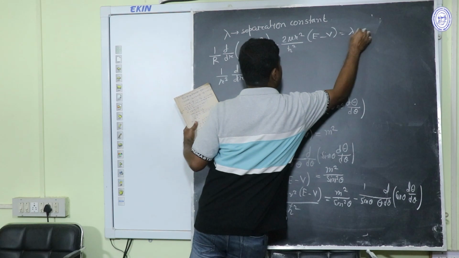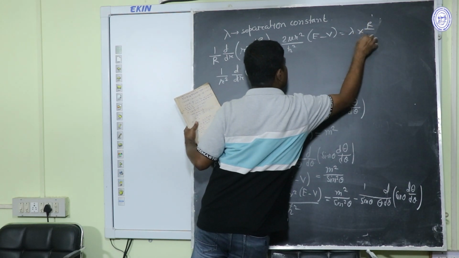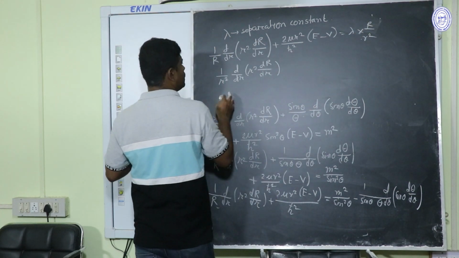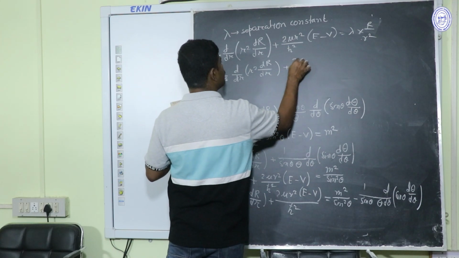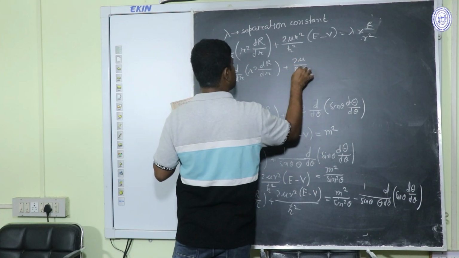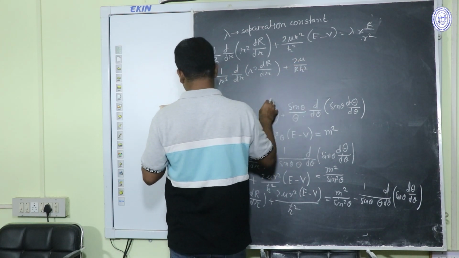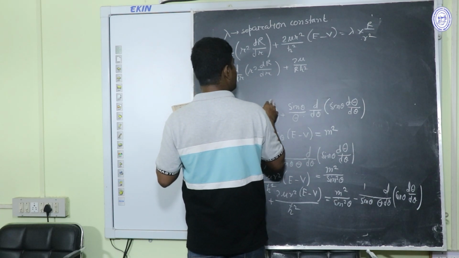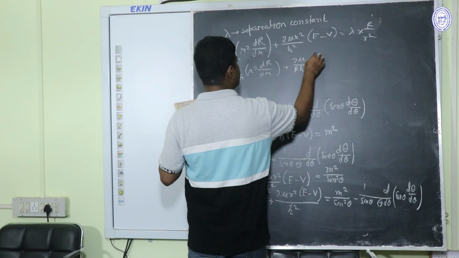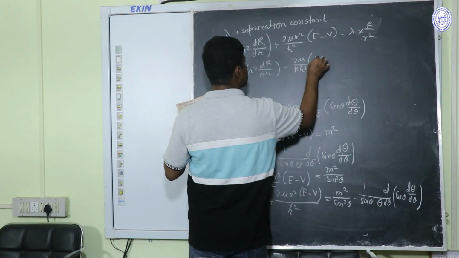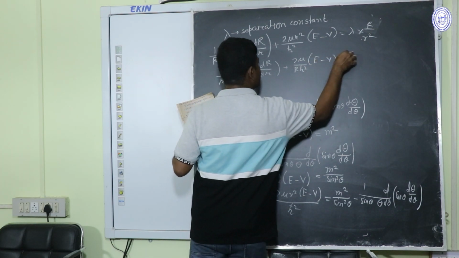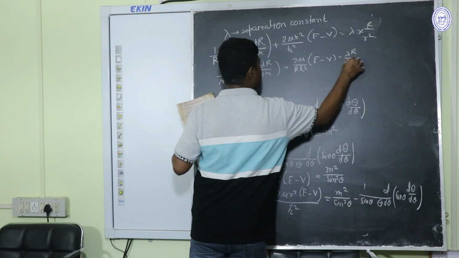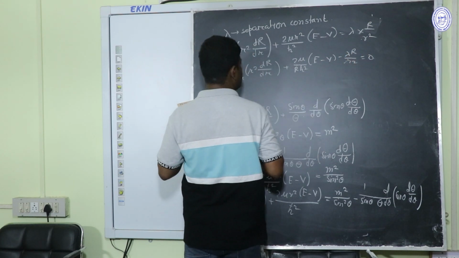Multiply both sides by capital R by r square, then this will be 2 mu by h cot square (E minus V) minus lambda capital R by r square equal to 0.